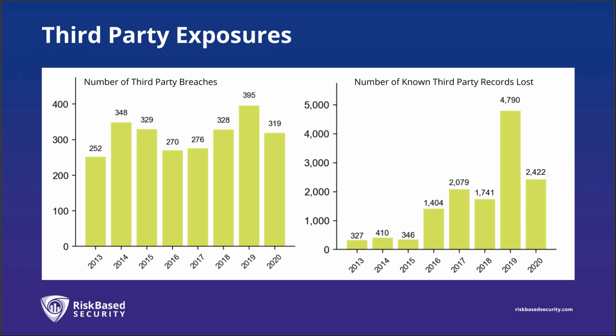There was one particularly large event in there that drove that experience. In 2020, we saw 2.4 billion records exposed across these events, which again, just a handful of breaches in there, one in particular, I would say, really accounted for about half of those records exposed.